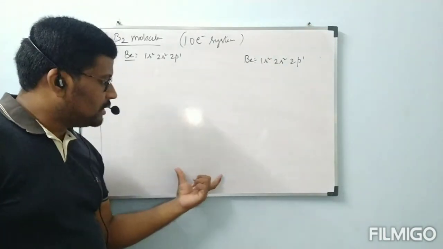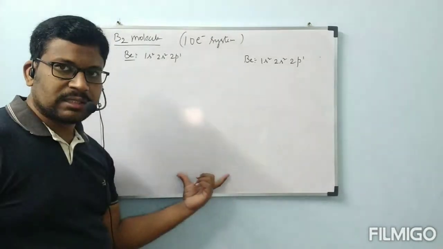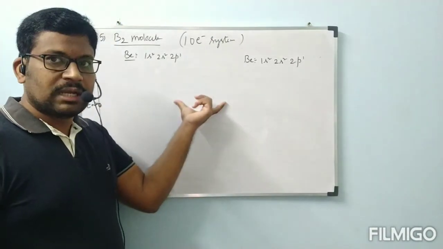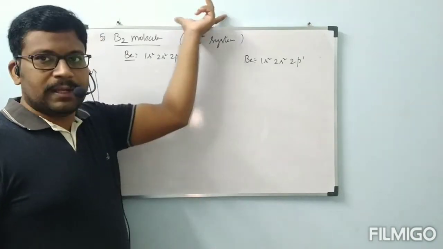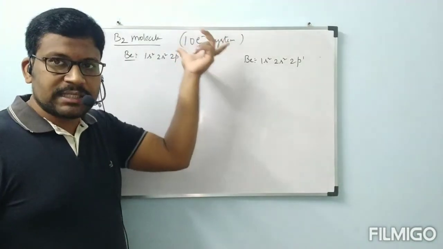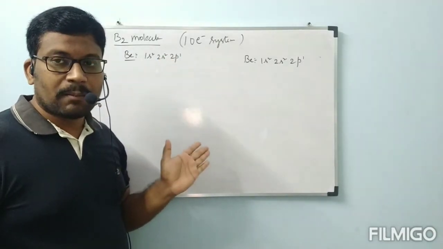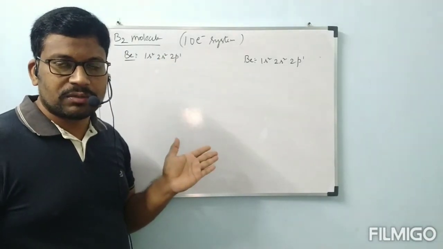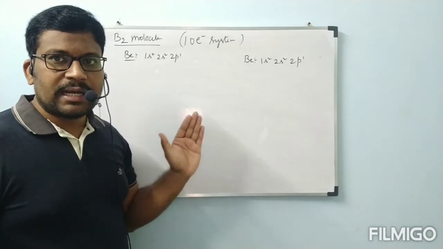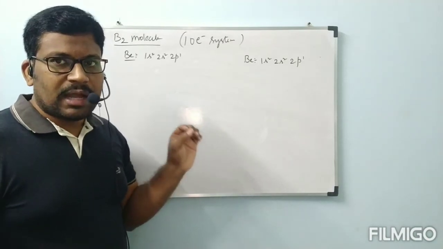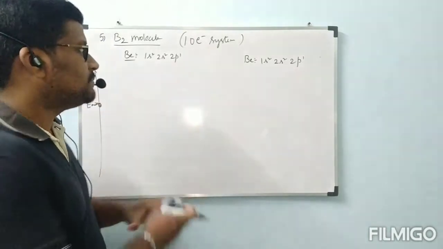Then below 1s and 1s, next 2s and 2s. You can continue here with 2p, because for you space is there. For me, on the board it is not possible to represent it, but at a time I have to show, to understand clearly. That's why I am making this splitting mark.